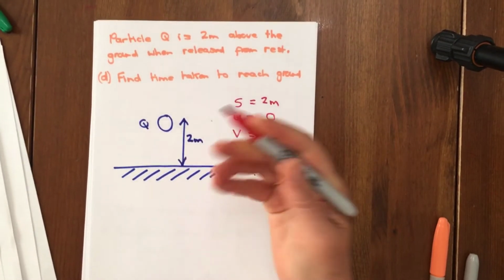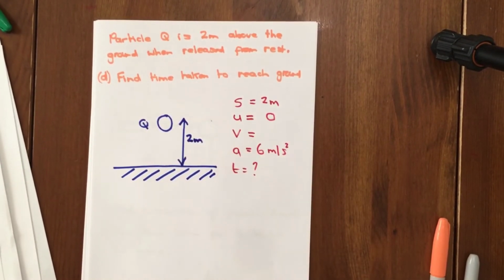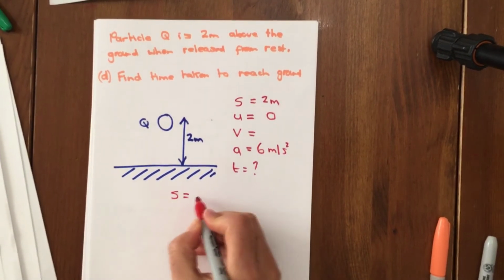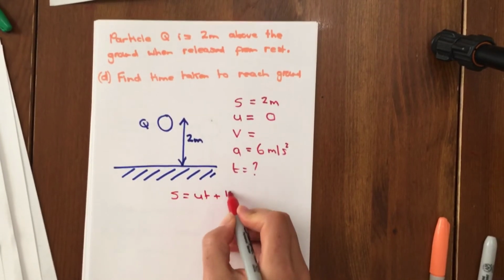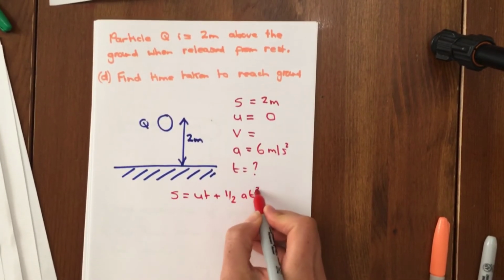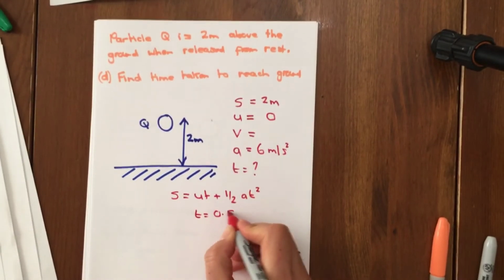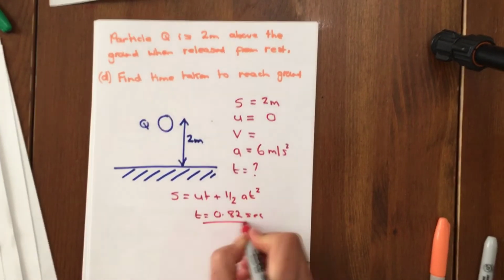The final velocity when it hits the ground we don't know, but we don't need it for this question. So we think about which of the kinematic equations we're going to use, and we're going to use this one. If we put all of this into here, then we would work out t to be this answer.